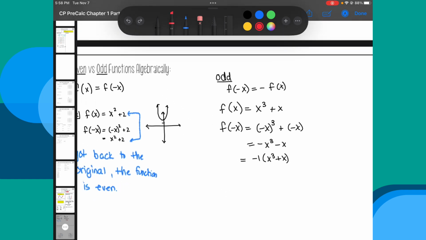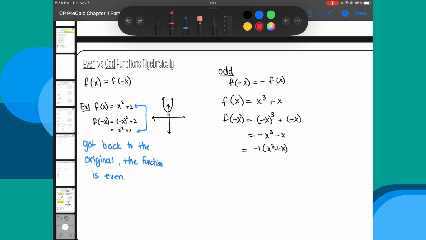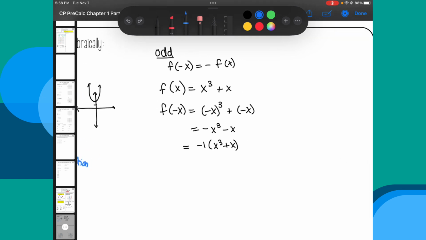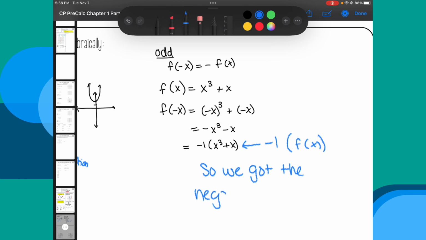So if we would plug in a negative and neither one of those things would happen, then we do not have an even or an odd function. So this is negative 1 times the function. We got the negative of the original.